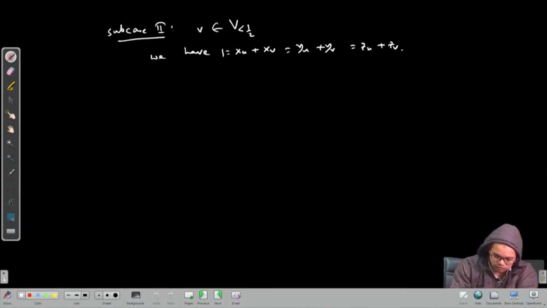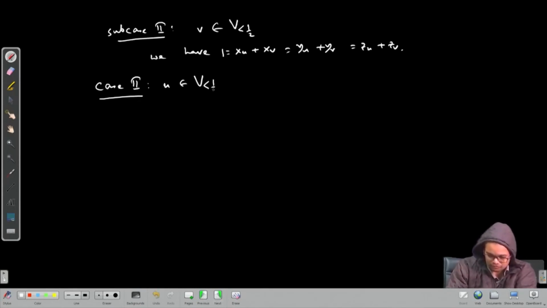Other case 2, u belongs to V less than half. Subcase 1, v belongs to V greater than half.